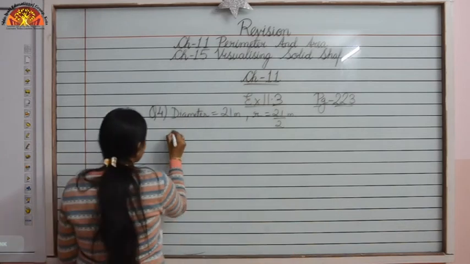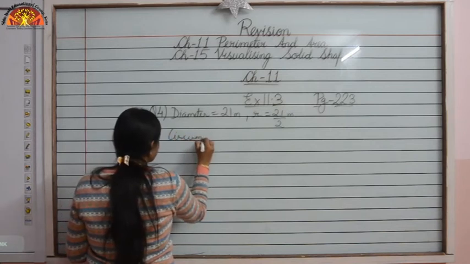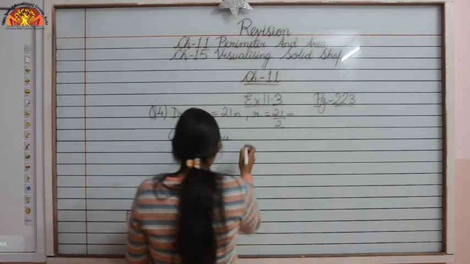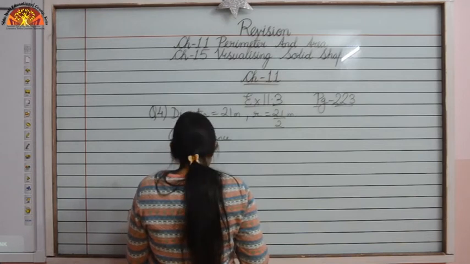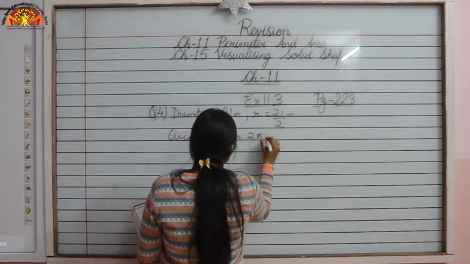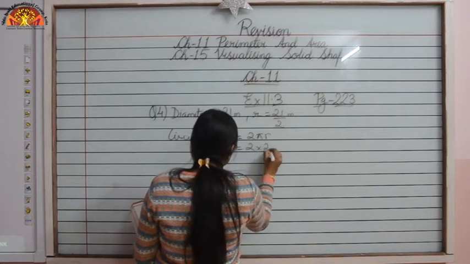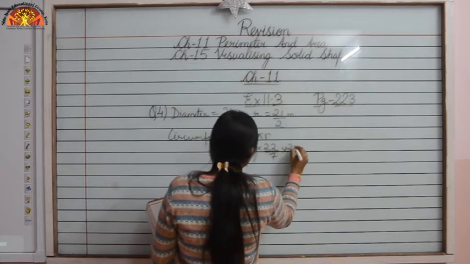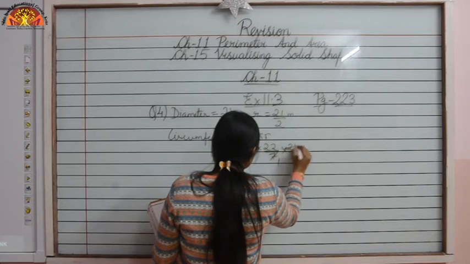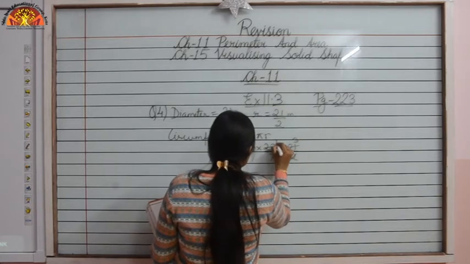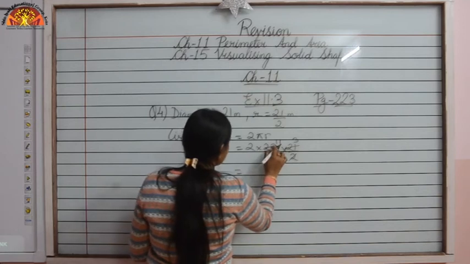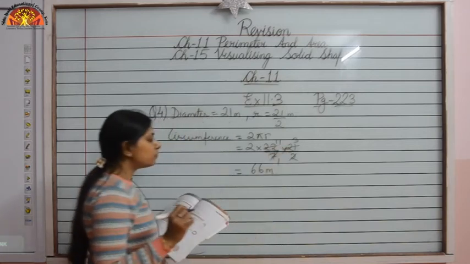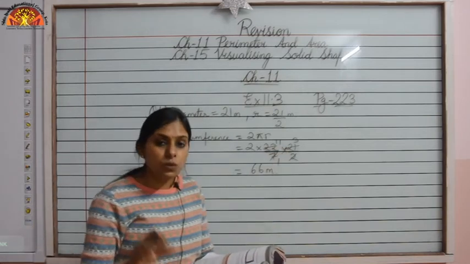That means circumference of a circular garden is equal to 2 pi r, and the value of pi is given to you, you have to take 22 upon 7. So 2 into 22 upon 7 into radius 21 upon 2, okay. So 7 ones are 7, 7 3s are 21, 2 ones are 2. So it comes out to be 11 2s are 22 and 22 into 3 is 66 meters. So this is the circumference of the circular garden.